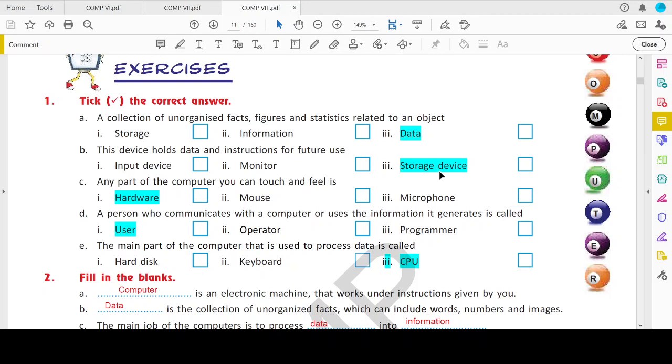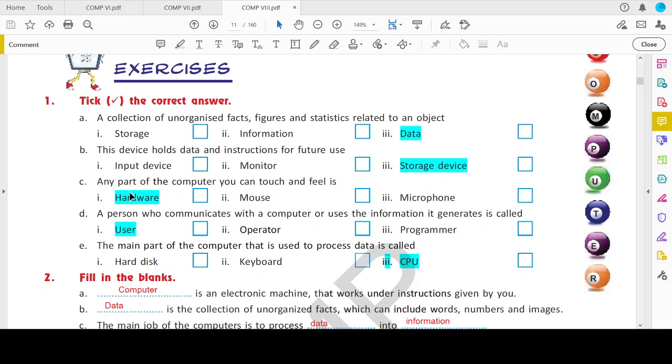It stores data and instructions permanently on it, even when the power is turned off. So we can use the data on it in the future. What are the examples of storage devices? Like hard disks, like pen drive or a flash drive. The optical discs like the CD-ROM, the DVD-ROM, the Blu-ray disc, these are all the secondary storage devices that store data permanently.